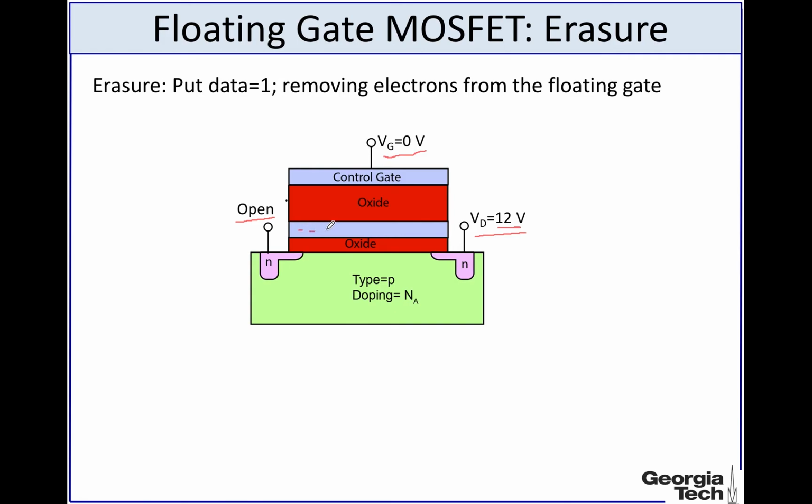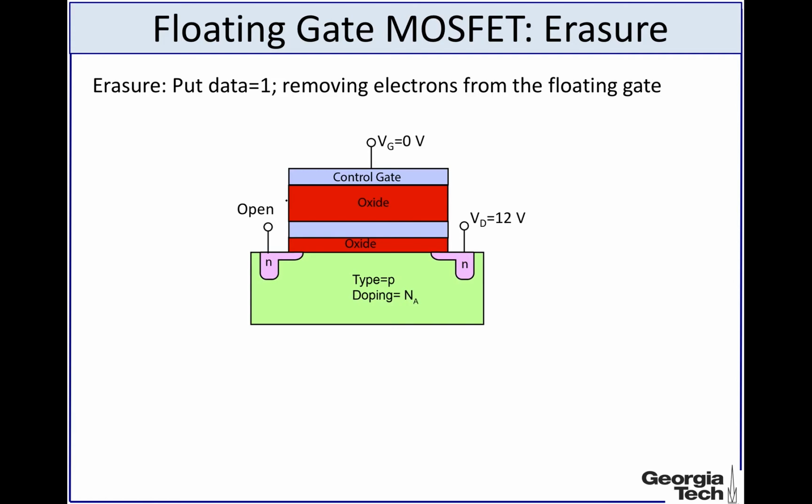So say you have some electrons over here, and these electrons will disappear from the floating gate, and this is how you put a data value of 1 into a floating gate MOSFET. Now erase essentially means that you put a data value of 1, and programming means that you put a data value of 0 into the floating gate MOSFET.